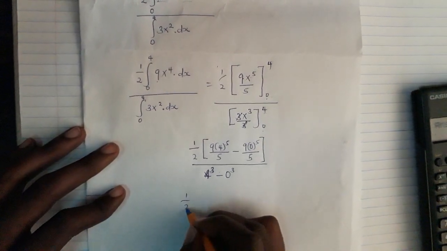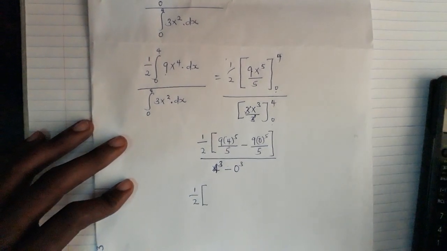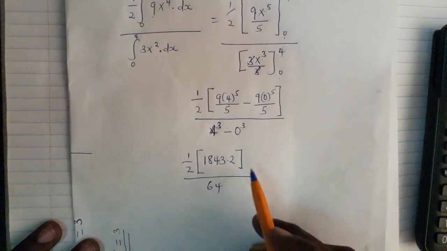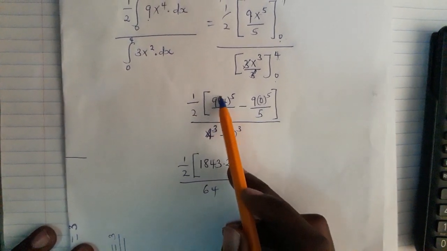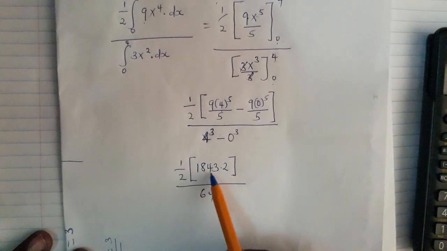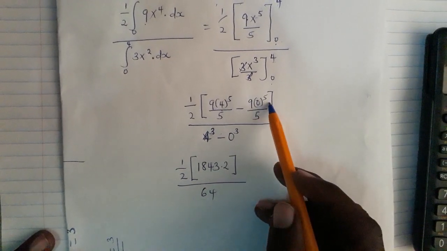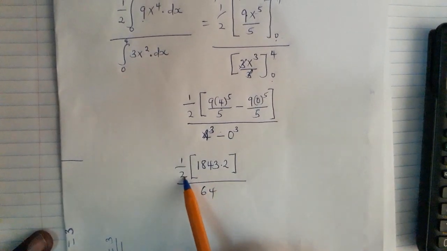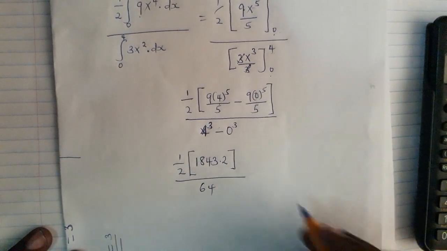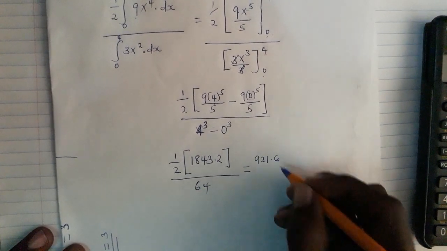So it is a half, and then 4 power 5. If you take 9 times 4 power 5 over 5, you're going to get 1843.2. This one is 0, so it will just disappear. And then you divide by 2. If you divide by 2, you get 921.6.